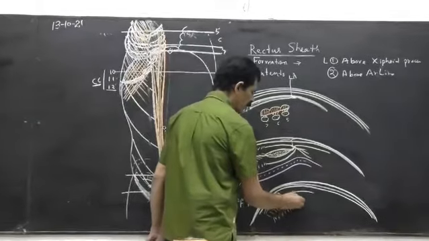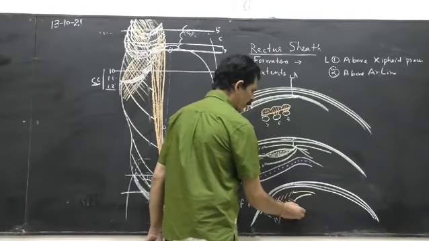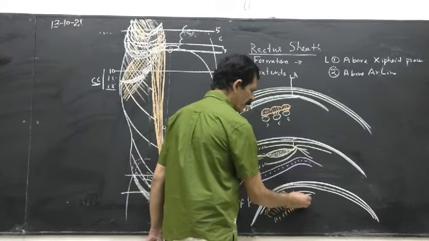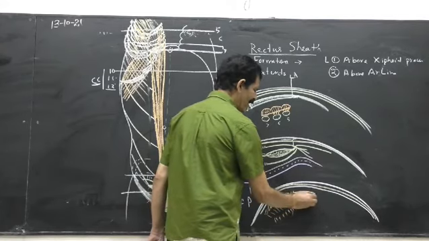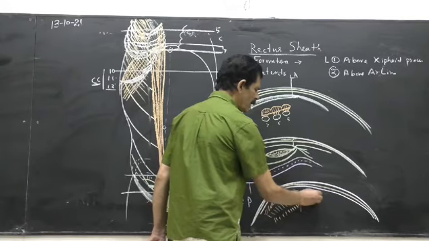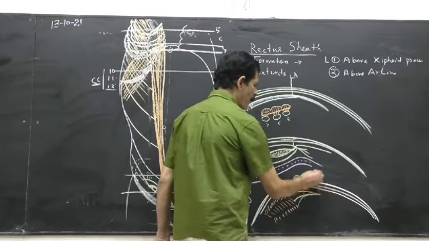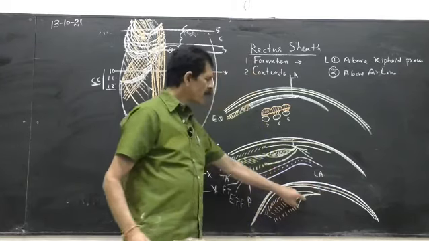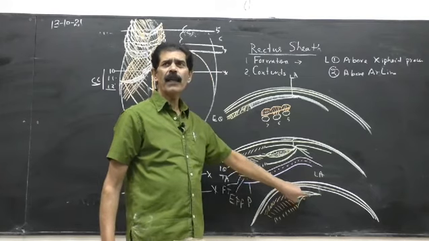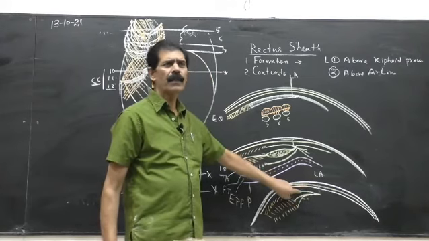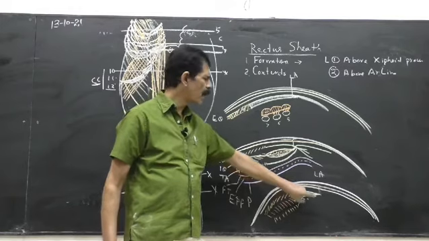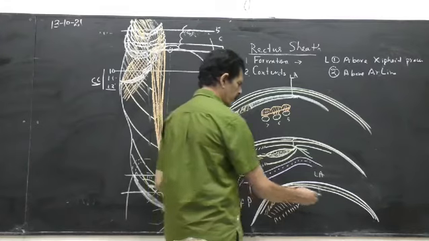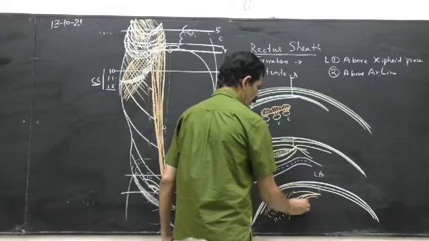This is the aponeurosis of the internal oblique and the aponeurosis of transverse, both joined to form the conjoint tendon, which is fused in the midline to the linea alba. Is it clear? So this is how to show the aponeurosis of the external oblique, internal oblique and transverse abdominis. They are anterior to the rectus abdominis muscle.